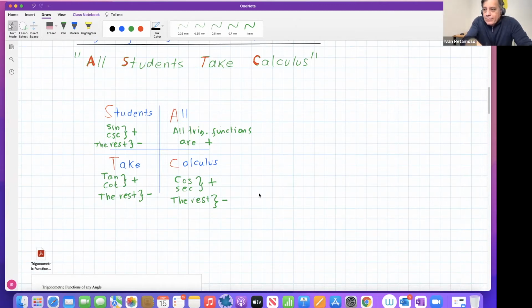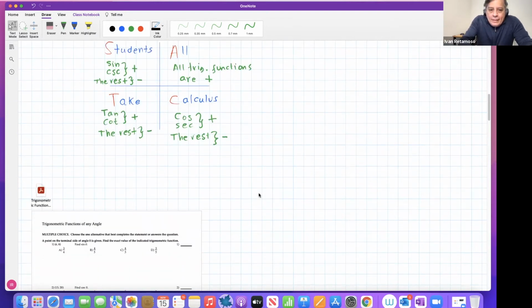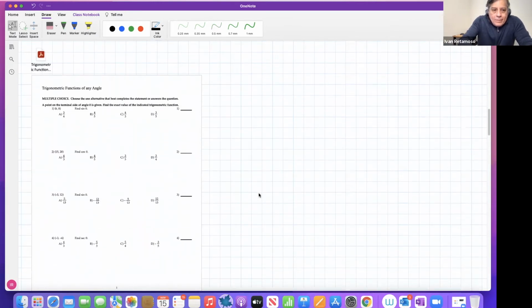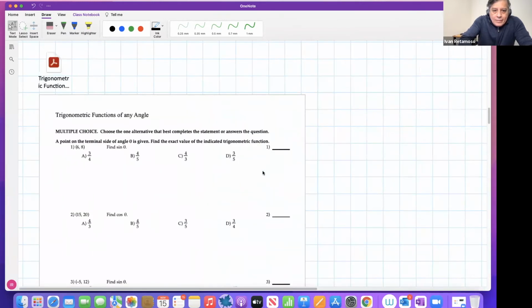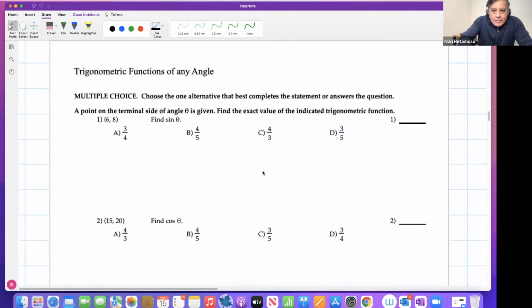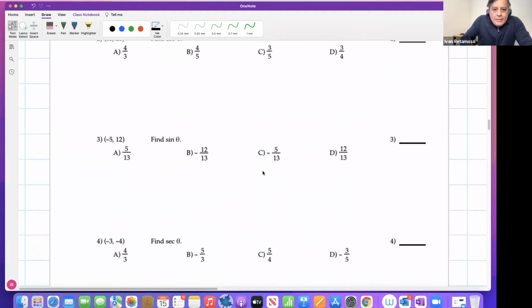I will show you. All right, so now guys, time to practice. Let's try to practice here. For example, number 3 looks good. Let me make it bigger for you to see. Can you try number 3? It says find, for this angle, the one having on its terminal side this point, -5, 12, sine of theta.